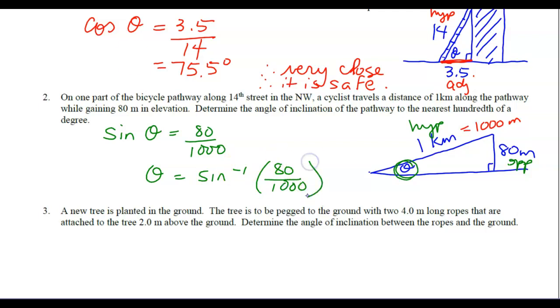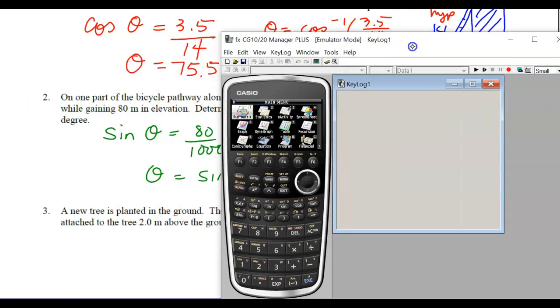I forgot to put theta up here. This is cos, sorry, I forgot to show that work on the last one. Okay, so that's what it looks like in your calculator. I'll use my Casio this time.